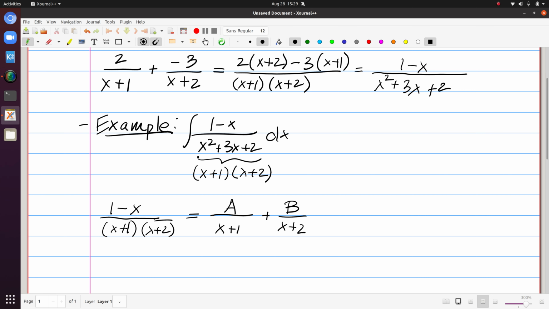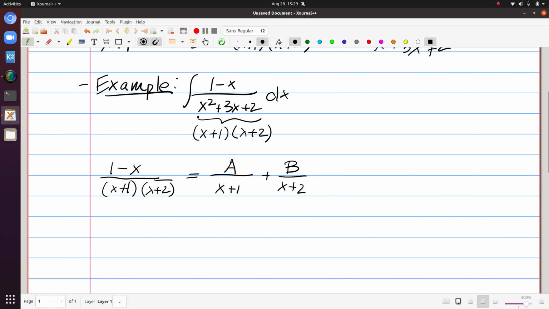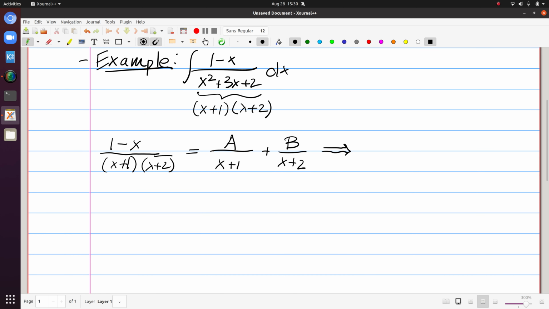And we want to figure out the value of those constants A and B. One thing that can make this simpler is if I multiply both sides by that common denominator. On the left, this yields 1 minus x equals, so when I multiply that common denominator by the first term, the x plus 1s will cancel, and that will leave me with A times the quantity x plus 2. And similarly, this becomes B times the quantity x plus 1.